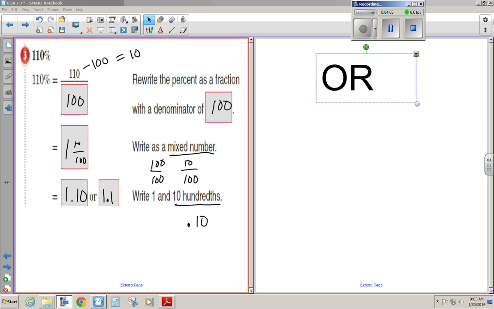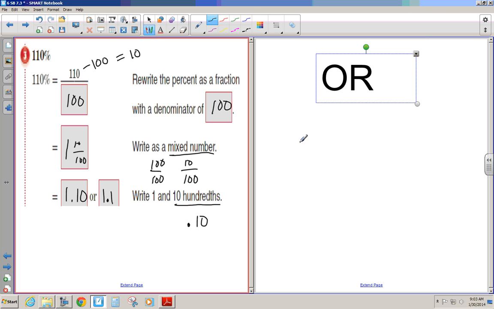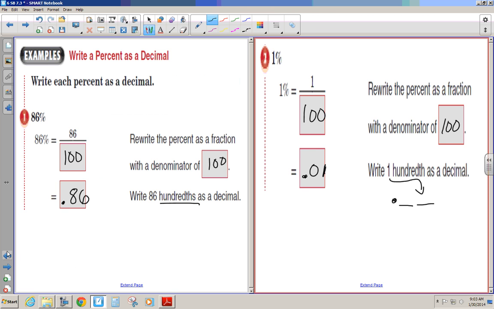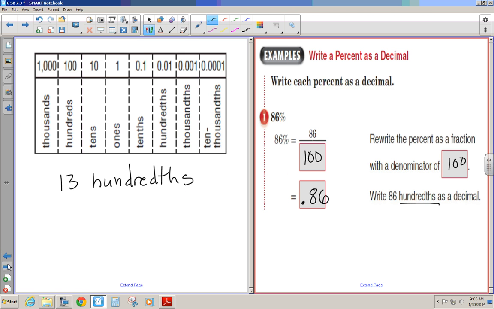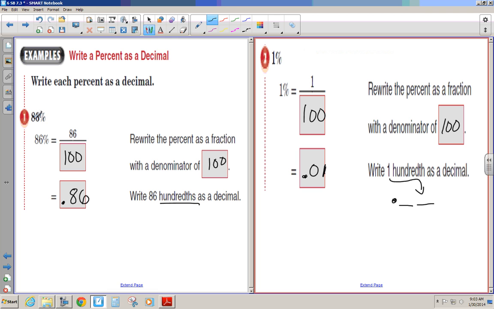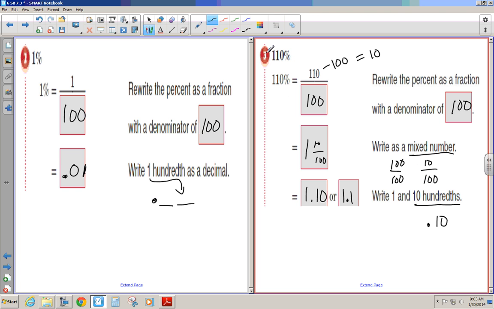Okay, there's an or here, all right? This is not part of your note-taking guides, but this might make things a little bit easier for you. Hopefully you've noticed something about these three examples. 86% became 0.86. 1% became 0.01. 110% went to 1.10.